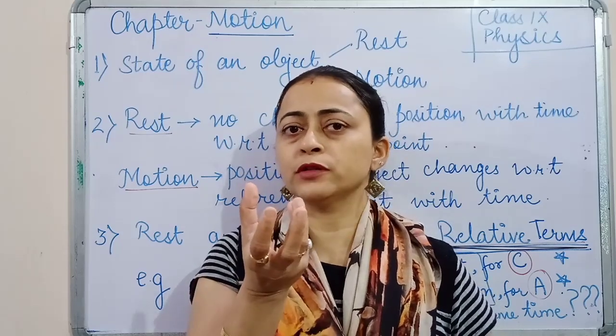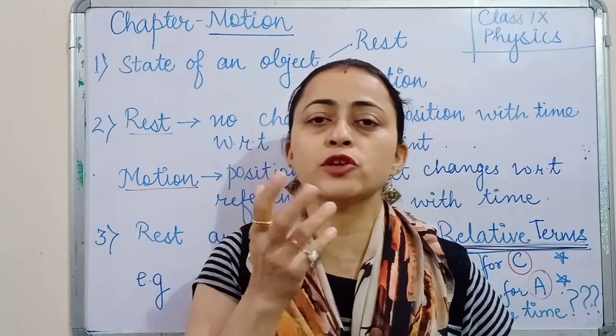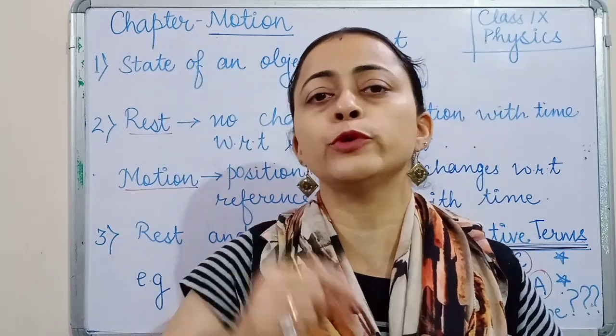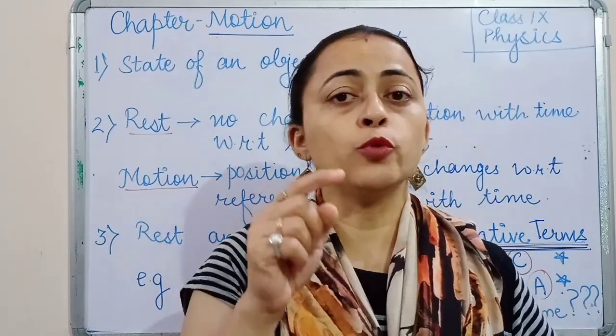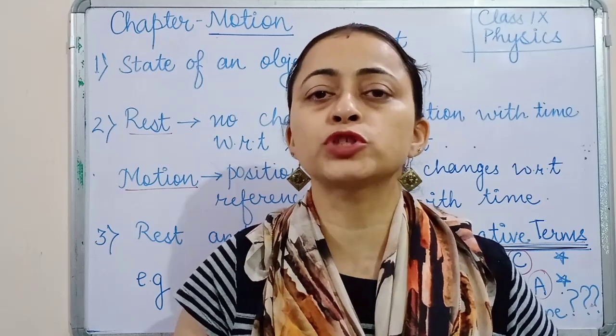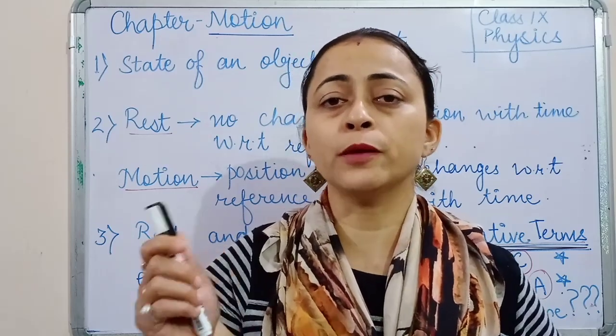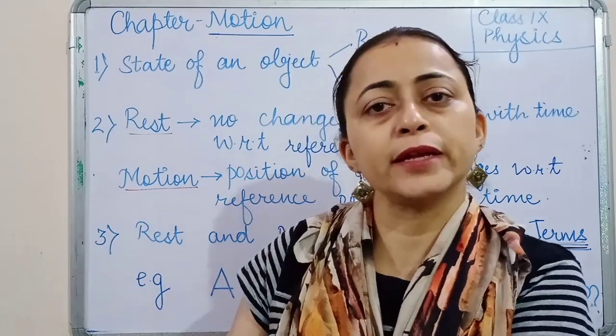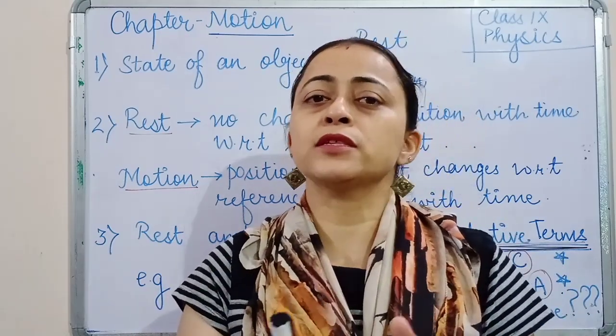Because you are on the earth and we know earth is in continuous motion, the person who is viewing you from the moon will see you in motion along with the earth. So for him, your state is motion. And for the person standing next to you, the state is rest.